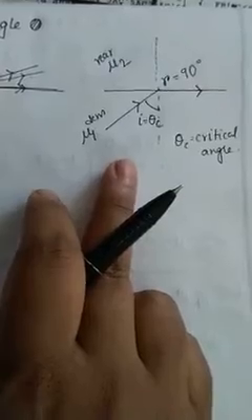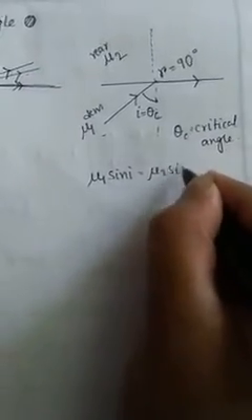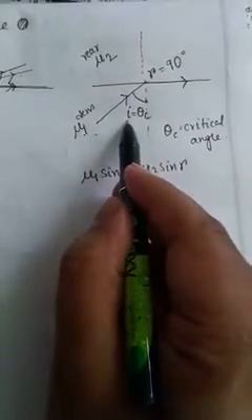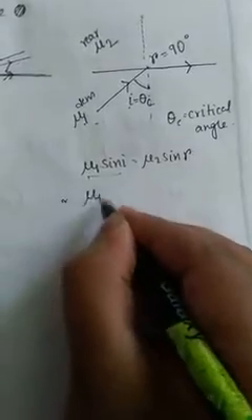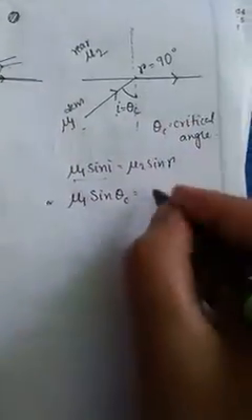Okay, now I shall apply Snell's law here. Snell's law, how to apply? We know mu1 sin I equal to mu2 sin R. mu1 is the refractive index of this medium and I is in this medium, so they go together. Similarly for the other. So for mu1, instead of I I shall write theta c, as I have taken I equal to theta c, and instead of R I shall write 90 degrees.